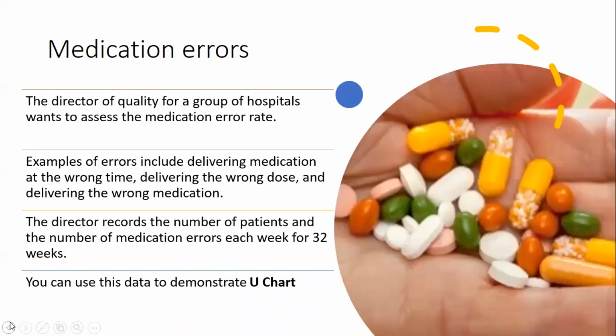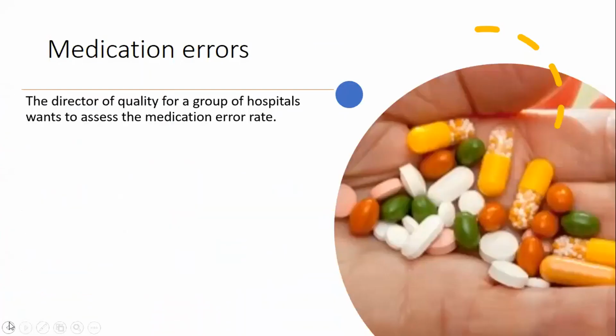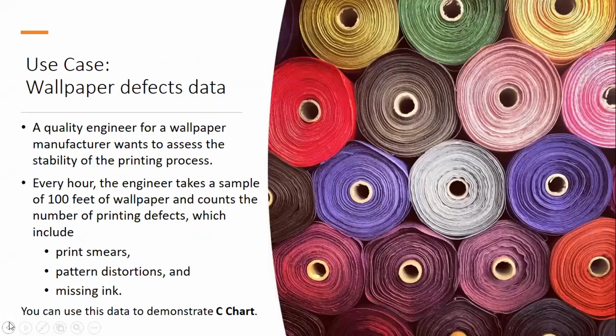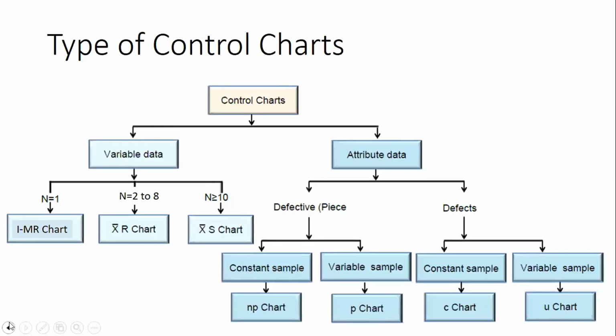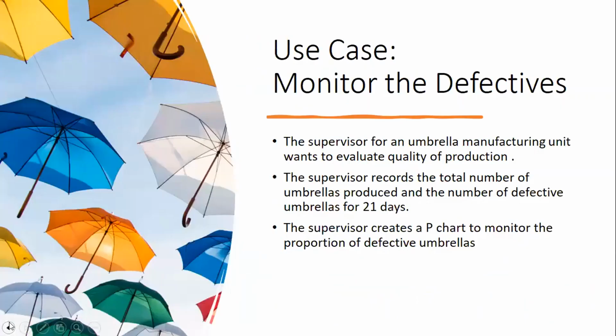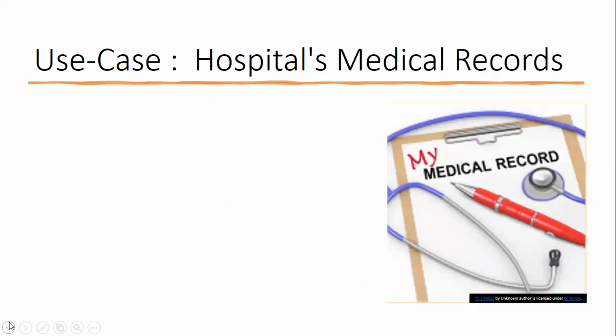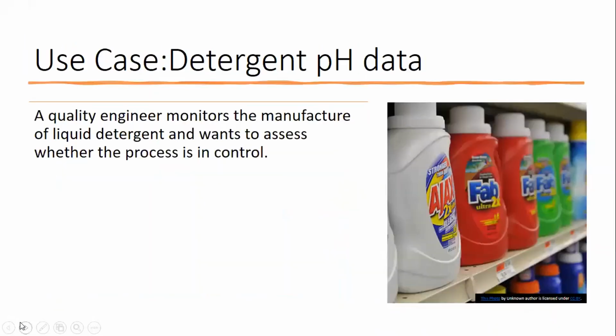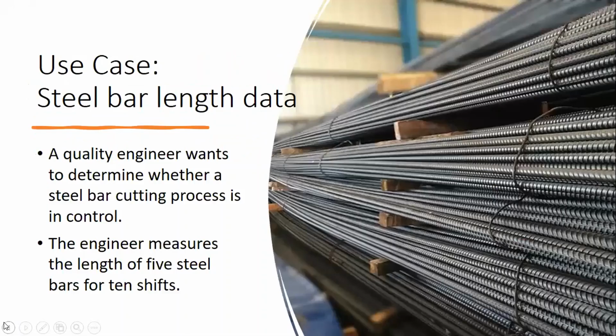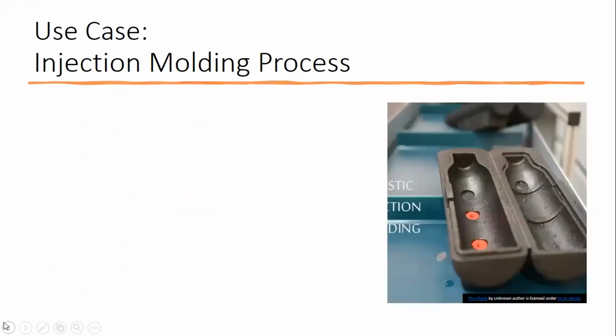We saw the medication error example, the wallpaper example, the defective light bulb example, the umbrella example, the hospital medical record example, the contact center example, the detergent pH example, the length of steel bar, and the injection molding.